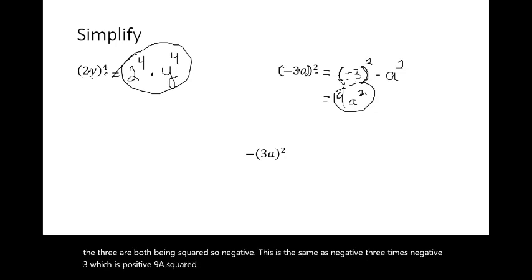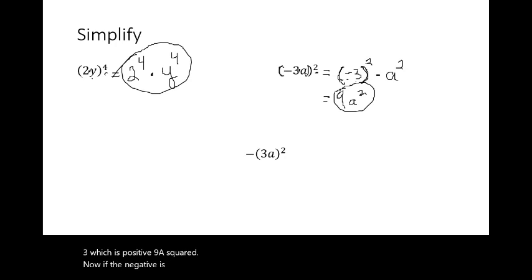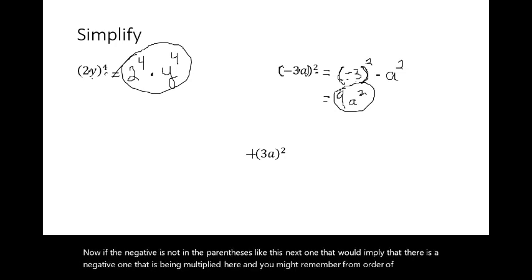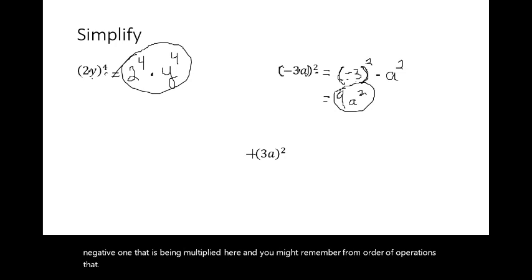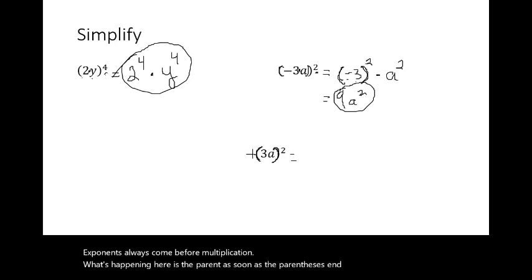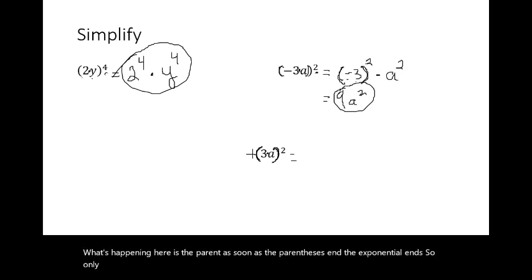Now, if the negative is not in the parentheses, like this next one, that would imply that there is a negative 1 that is being multiplied here. And you might remember from order of operations that exponents always come before multiplication. So what's happening here is, as soon as the parentheses end, the exponent ends. So only this positive 3 and the a are being raised to the power 2, and that negative is technically a separate negative 1 that is being multiplied.